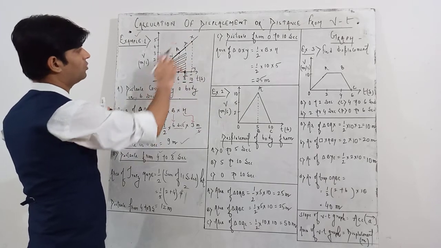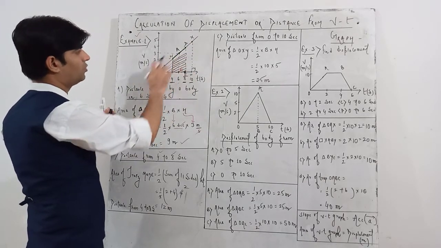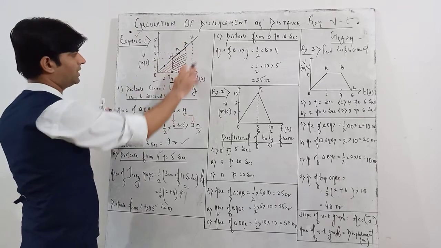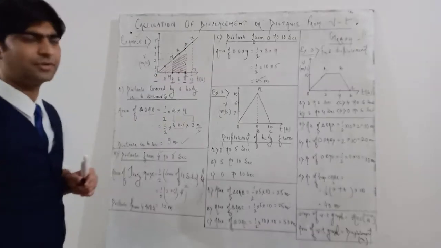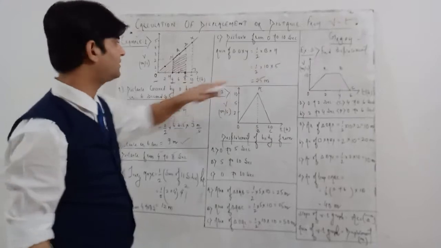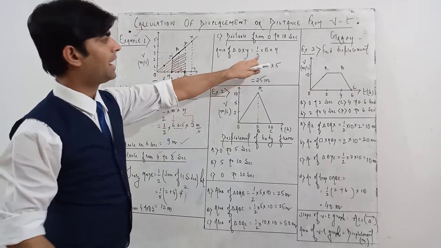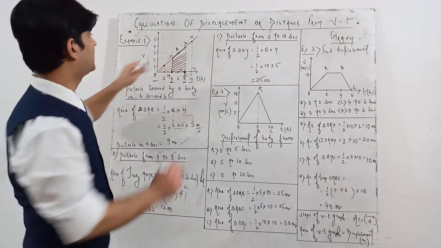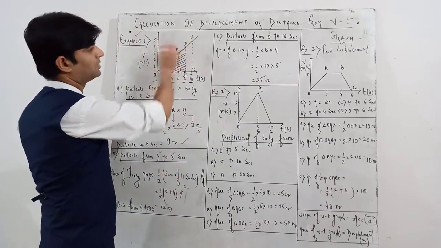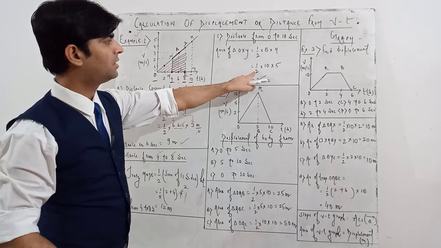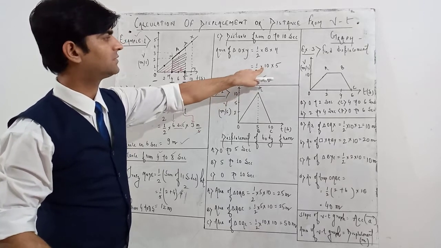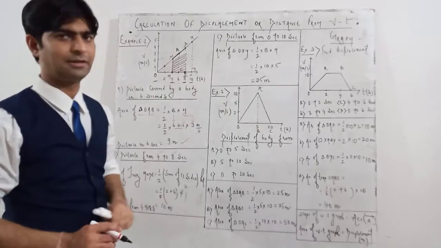So you have to take the complete triangle OXY. Half of base into height: base is 10, that is 0 to 10, and height is 5 approximately. So half of 10 into 5, that is 5 into 5, that is 25 meters.